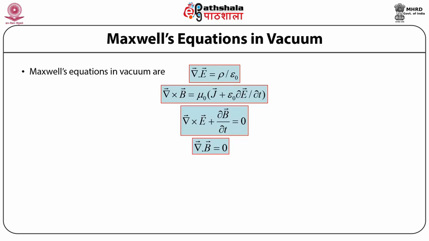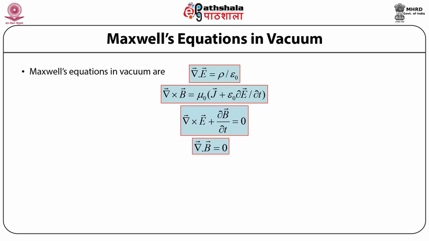So these equations can now be written as the first equation, which is Gauss's divergence theorem in electrostatics, and is now obviously valid for even time varying fields. The divergence of E is equal to the volume charge density by epsilon naught, where E is the electric field, the volume charge density is denoted by rho, and epsilon naught is the electrical permittivity of free space.